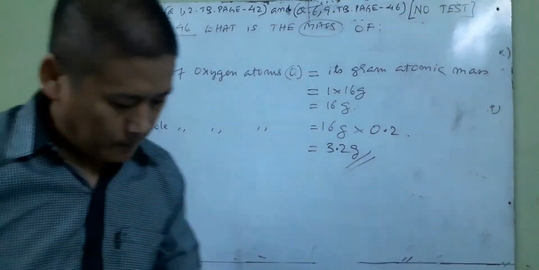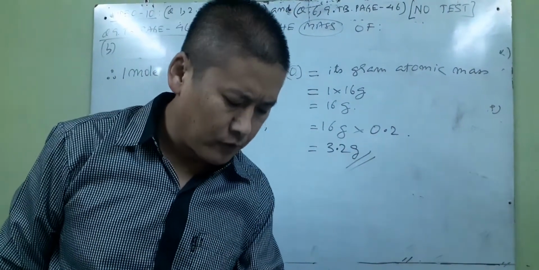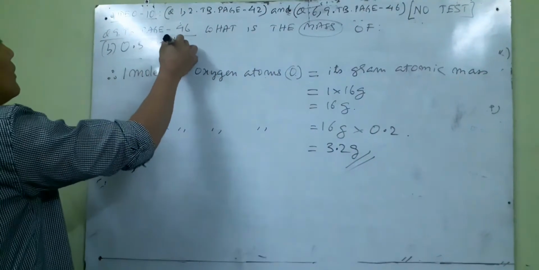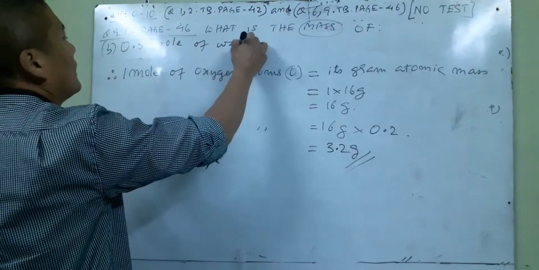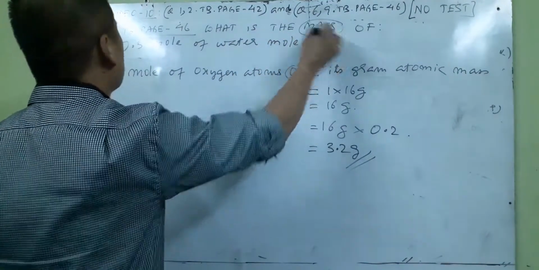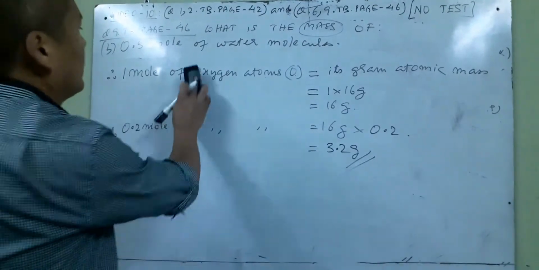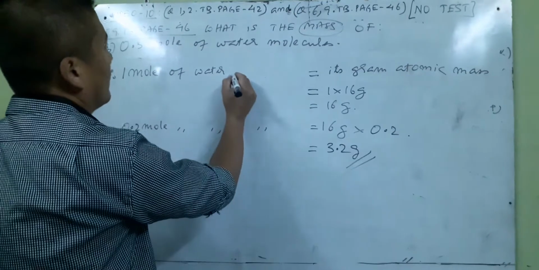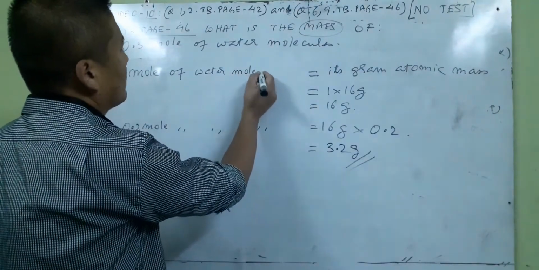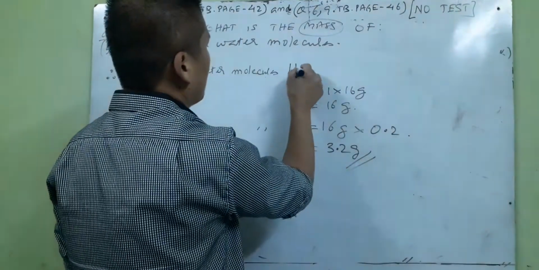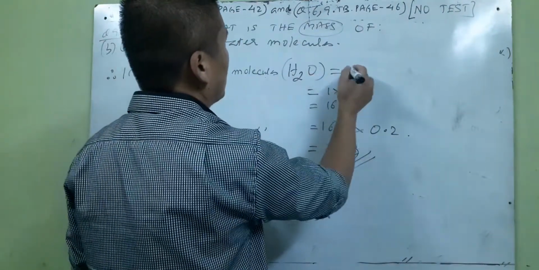Now next, B is 0.5 mole of water molecule. So 0.5 mole of water. They did not give us the formula, but it's so easy, the formula for water molecules. So 1 mole of, same technique, water molecules. You read like that, like the question, and we can write here the formula once, H2O, to help you write the formula.